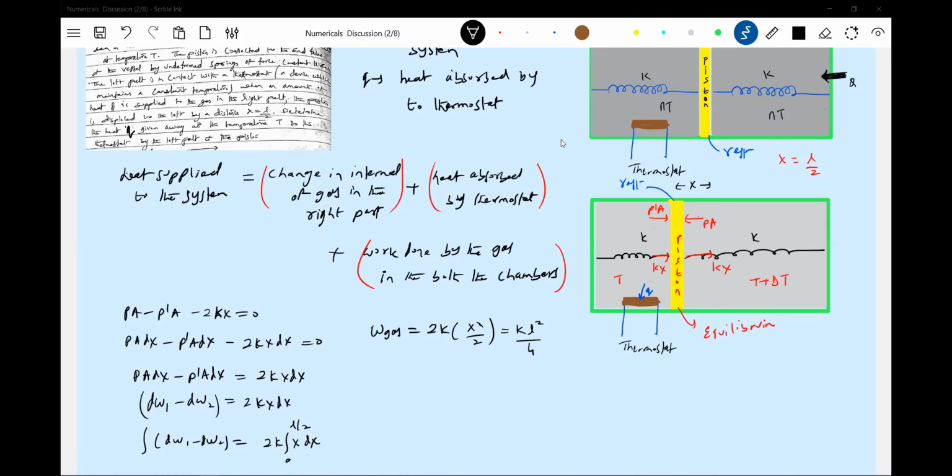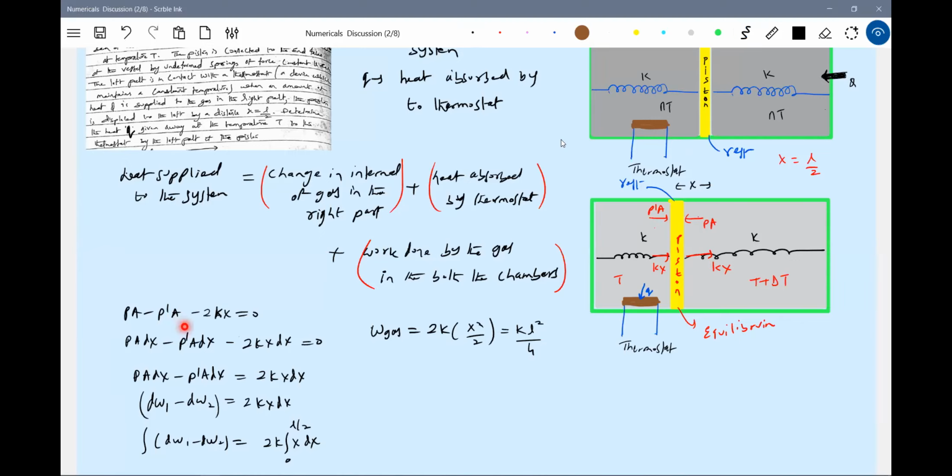So can we apply that? Or else, the same pressure equation only we are going to use. Number of moles conserved, of course, you can use the same equation.